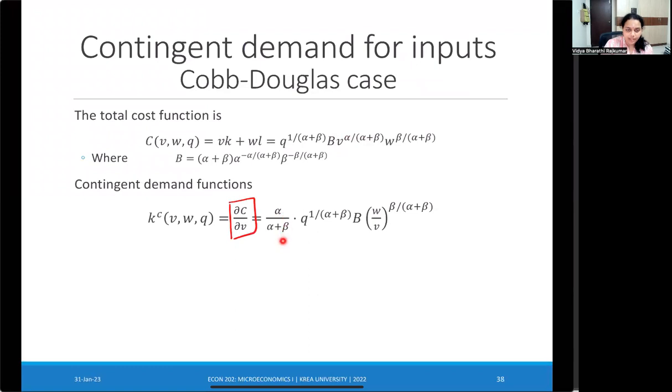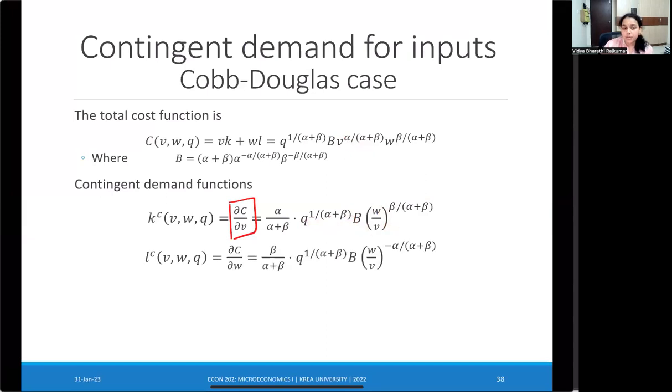So I just put alpha over alpha plus beta. The other terms stay as they are. And I'm going to be left with a W term. And then I think I'll have a V to the power minus beta over alpha plus beta. So I'll let you work out the algebra, but this is the final answer that you get.